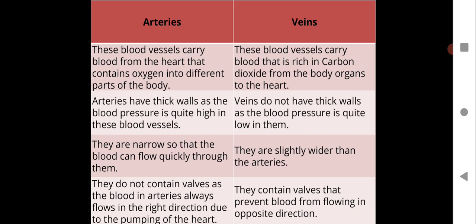Whereas veins contain valves, with an opening and closing system that prevents blood from flowing in the opposite direction. Since veins carry carbon dioxide rich blood, they have to have valves so that there is no backflow of the blood in the opposite direction.